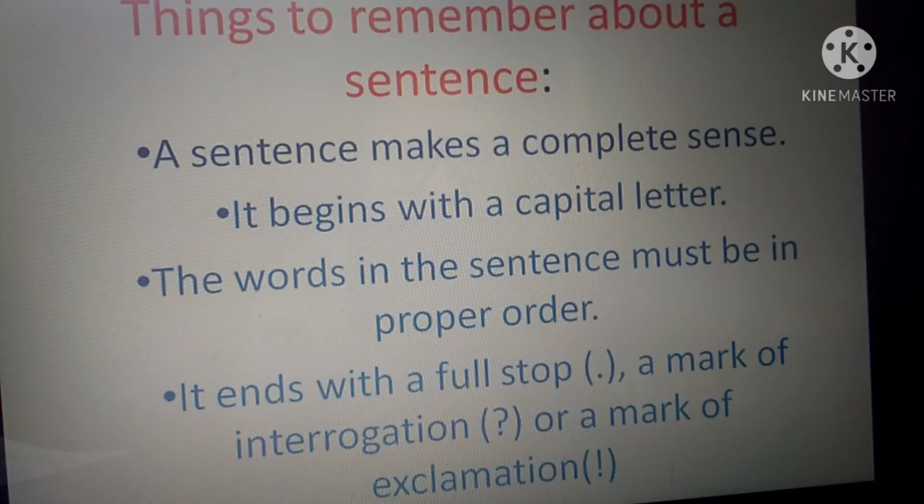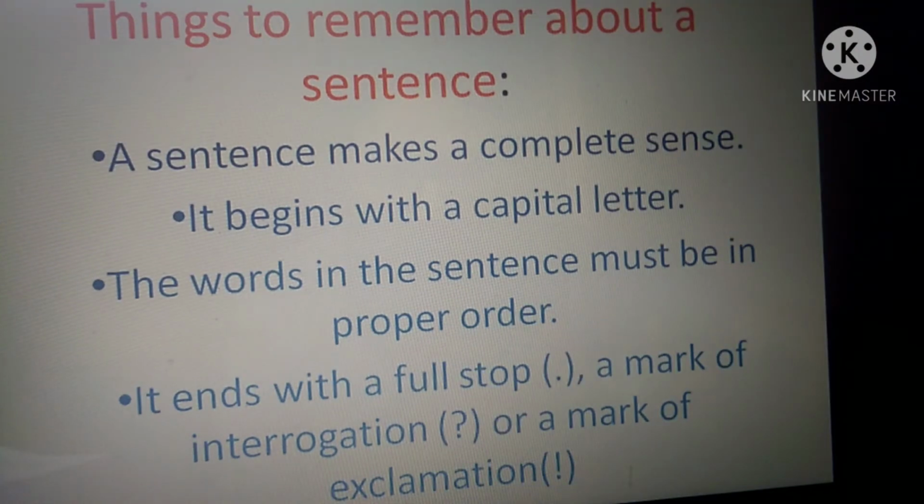Things to remember about a sentence. A sentence makes a complete sense. It begins with a capital letter. The sentences always have to start with a capital alphabet. Third, the words in the sentence must be in proper order. The sequencing must be proper and it should make a complete sense.